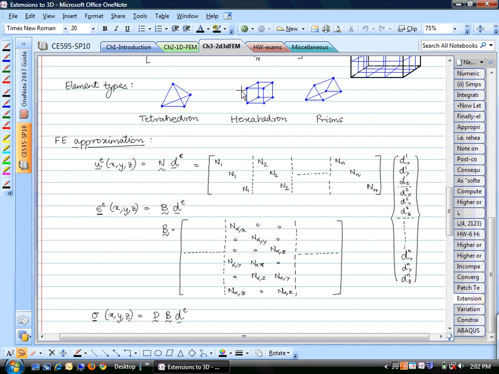So there are 8 nodes. Each node has 3 degrees of freedom, 24 degrees of freedom, which means that your stiffness matrix for this will be 24 cross 24. And your degrees of freedom are 24 cross 1, right?